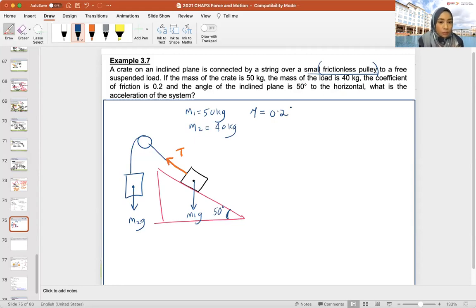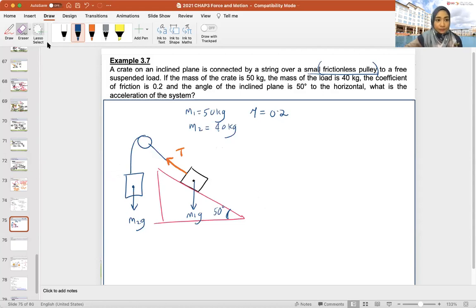Would it accelerate downwards, to the right, or downwards? Do we know yet? Or do we not know yet? To the right. To the right, because it is heavier.